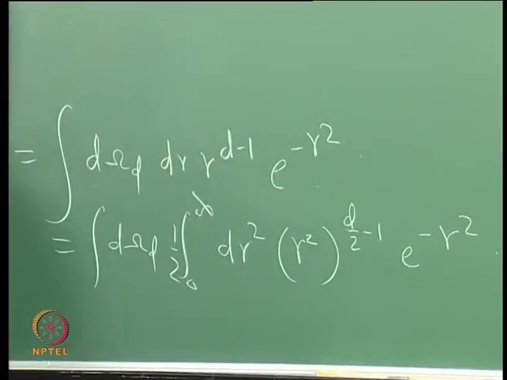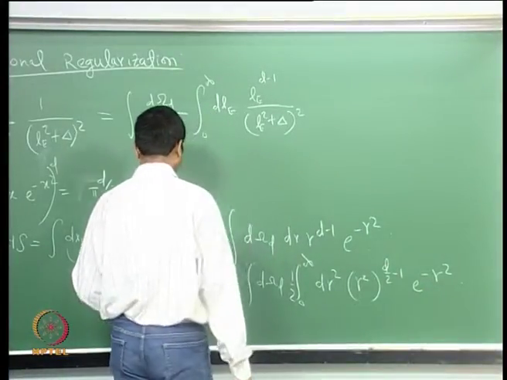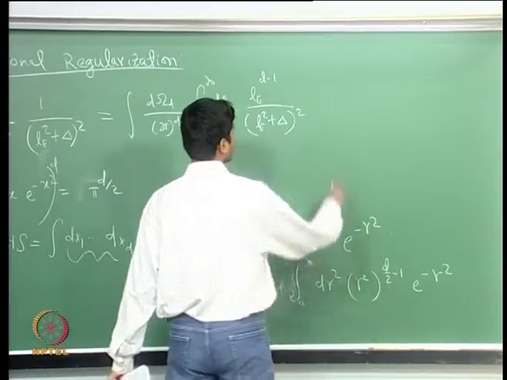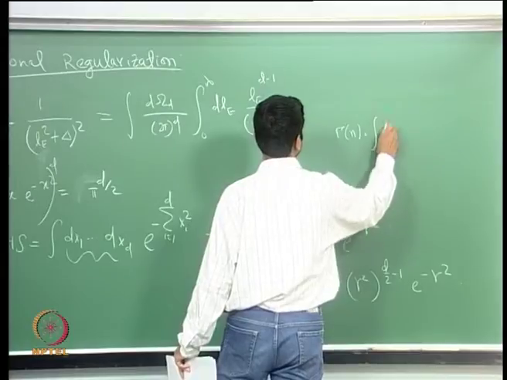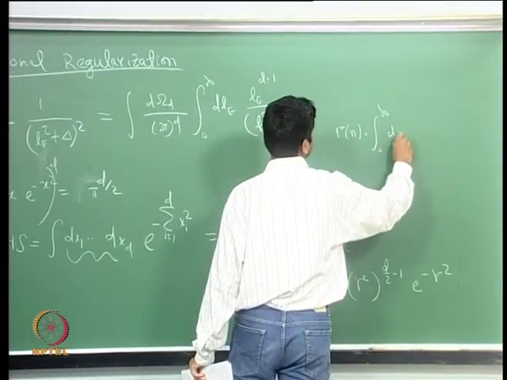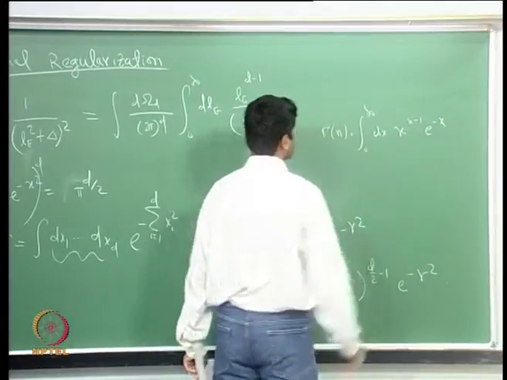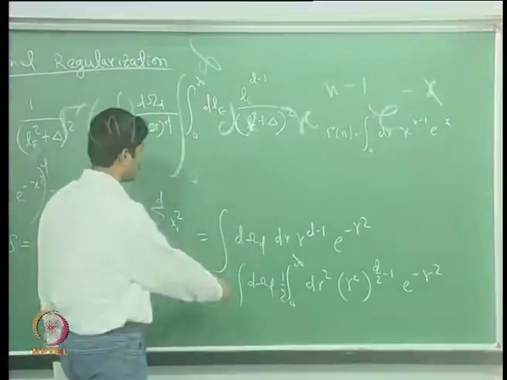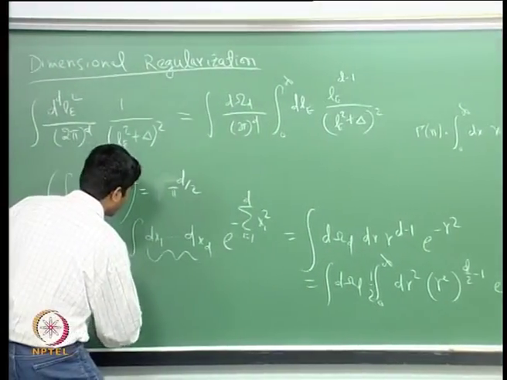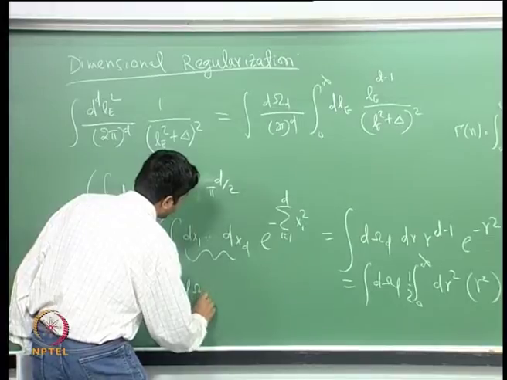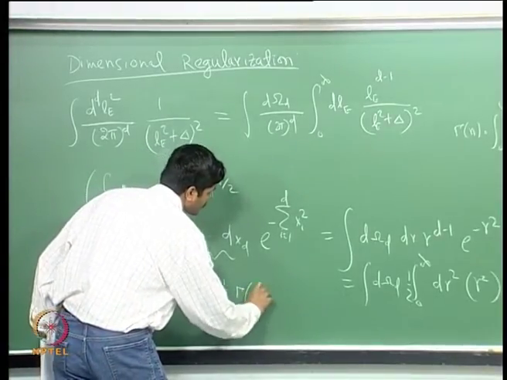All right. Now you can see that this is nothing but gamma d by 2, where gamma n is equal to integration 0 to infinity dx x to the power n minus 1 e to the power minus x. So this integration, when I evaluate, gives d omega_d half gamma d by 2.